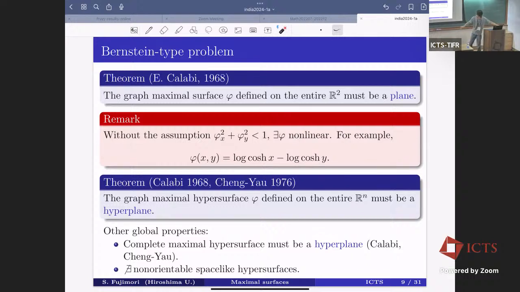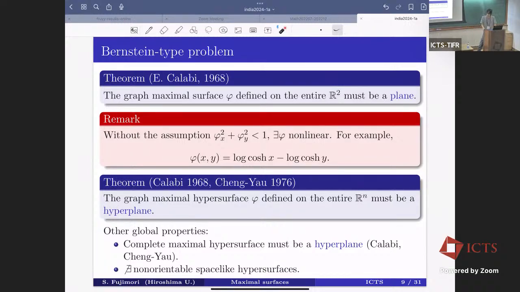Also, there are no non-orientable space-like hypersurfaces. This is obvious because if one chooses the unit normal to be future pointing, then it is always future pointing, so the surface is always orientable. So we have these properties.